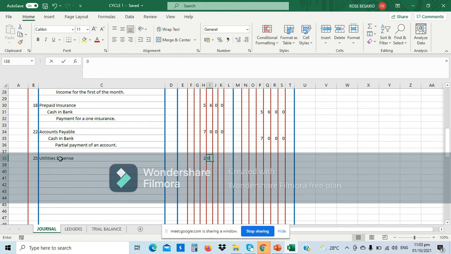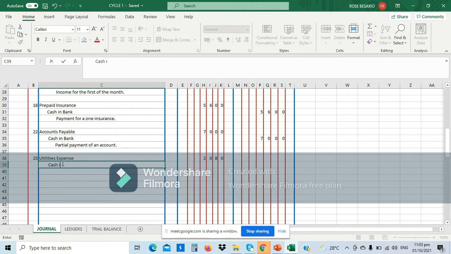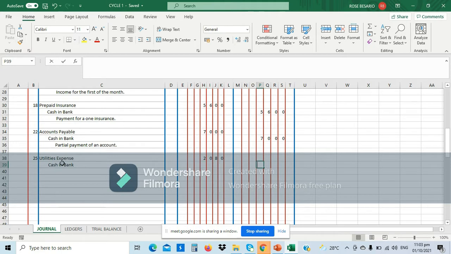And then we credit cash in bank, 2,080, because it's received unpaid, no?